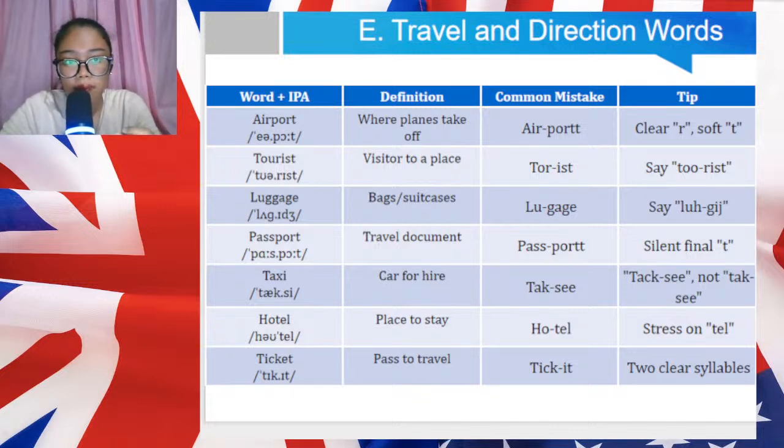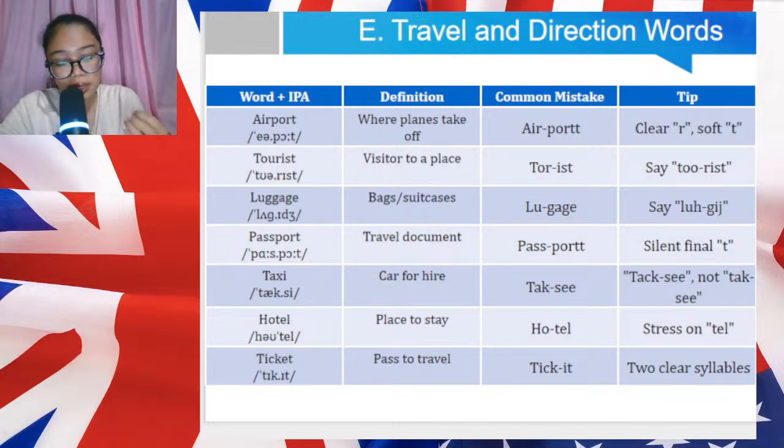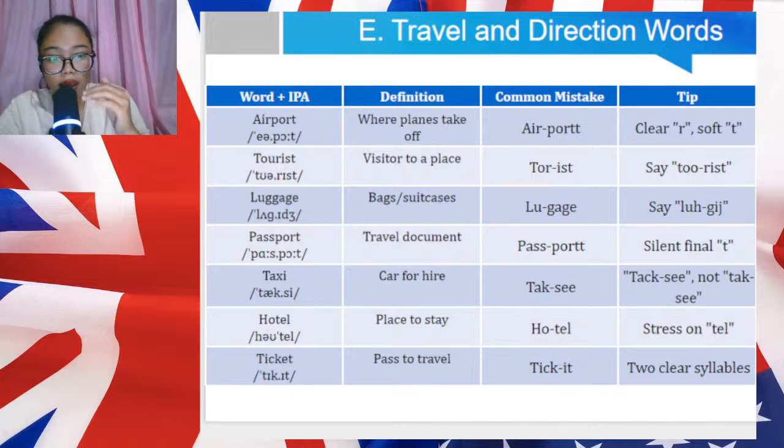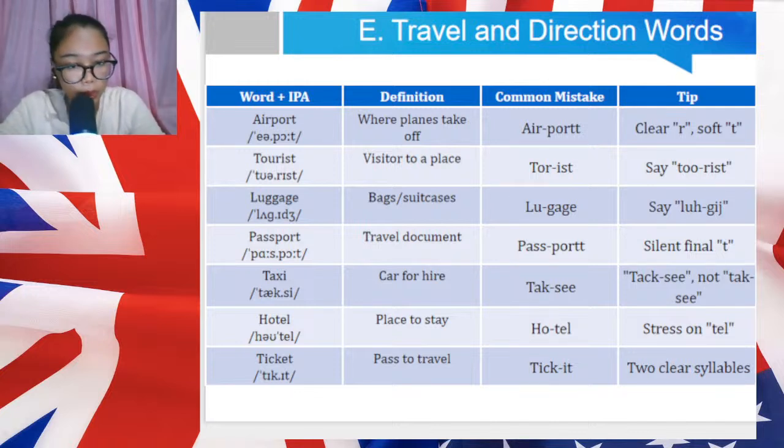It should not be harsh. It should not be very, very clear. It should only be a gentle stop, because the opposite of it is how we pronounce the letter T sound when it is placed at the beginning of a word.